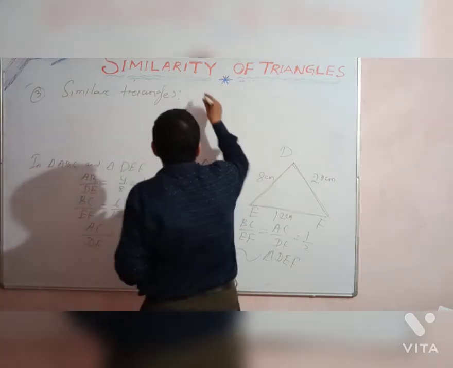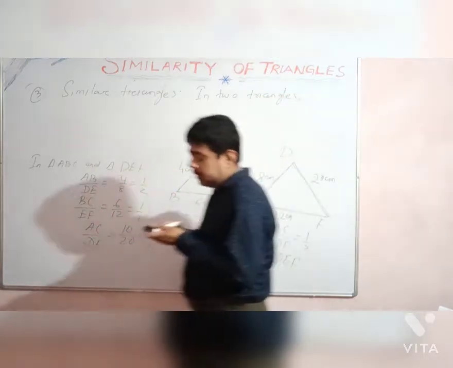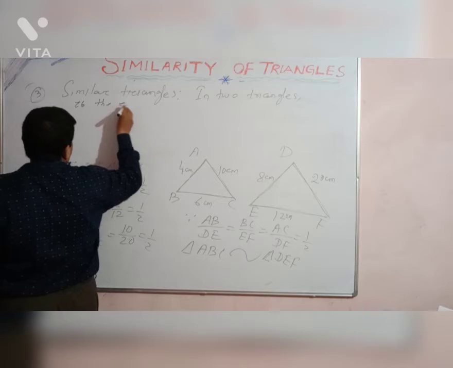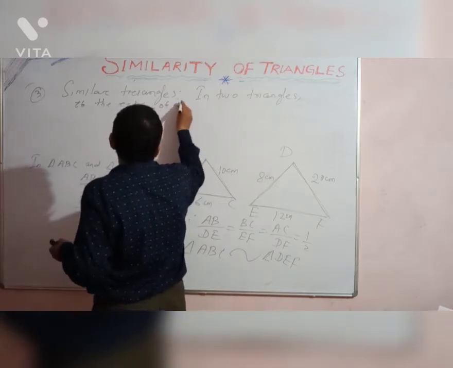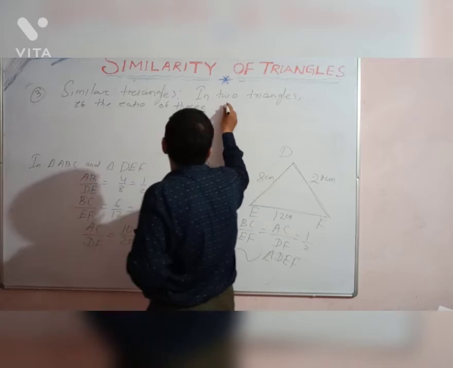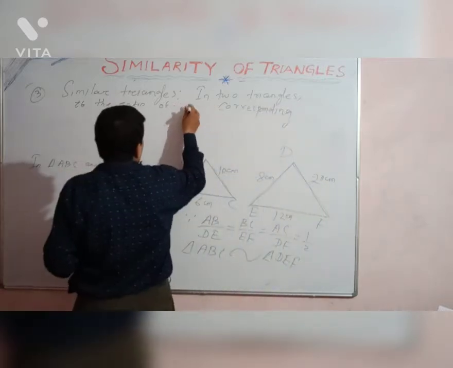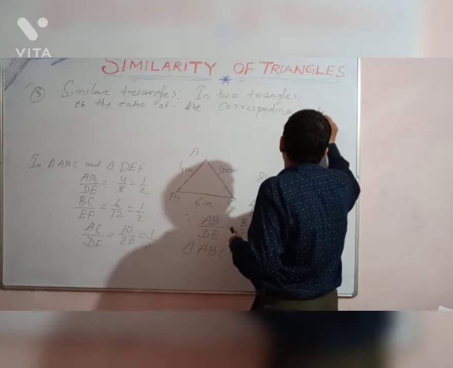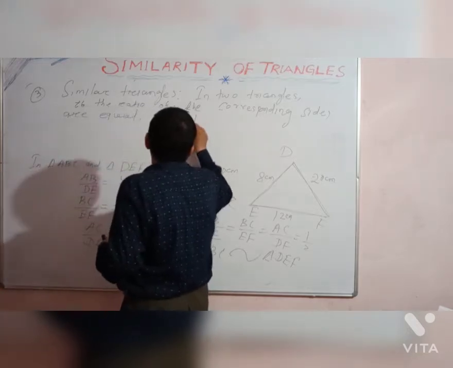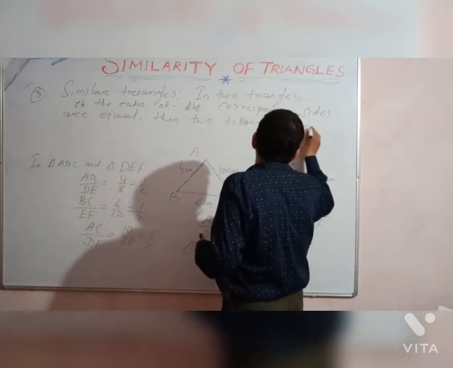So what is the similarity condition? In two triangles, if the ratio of the corresponding sides is equal, then the two triangles are said to be similar.